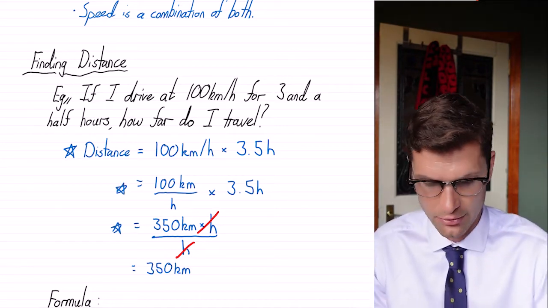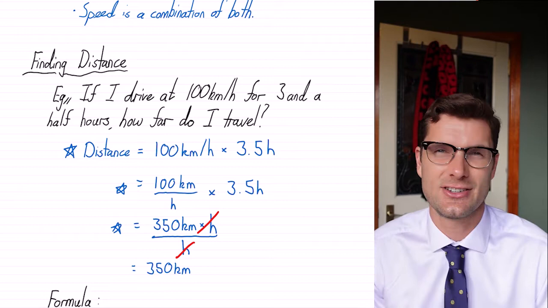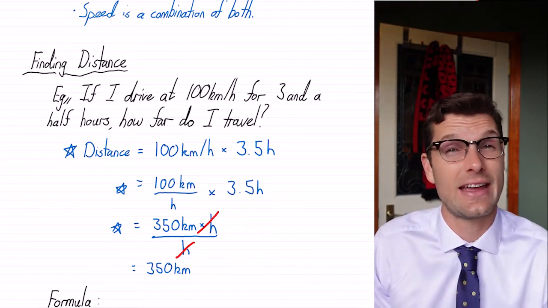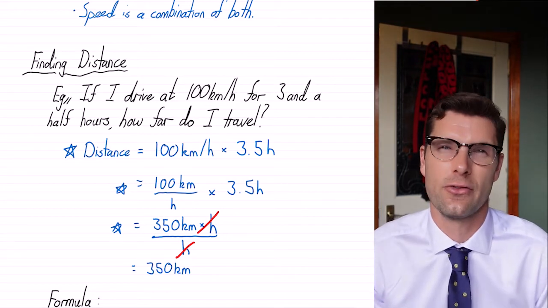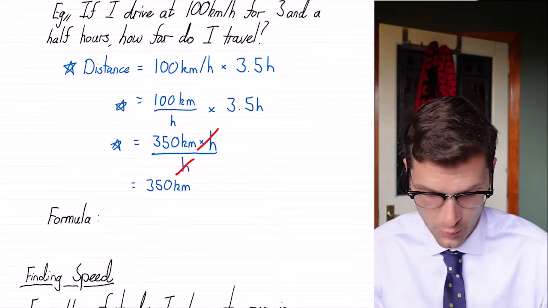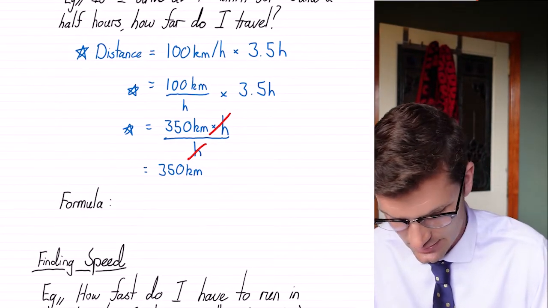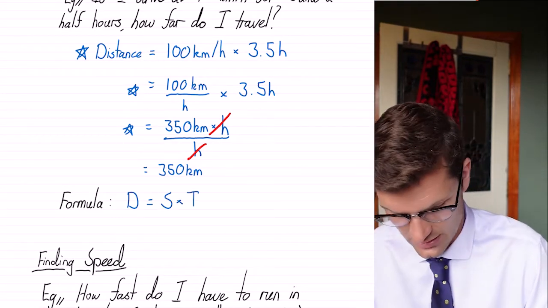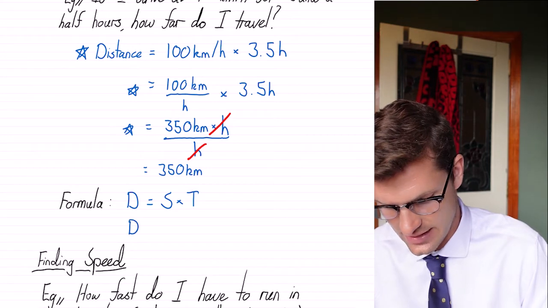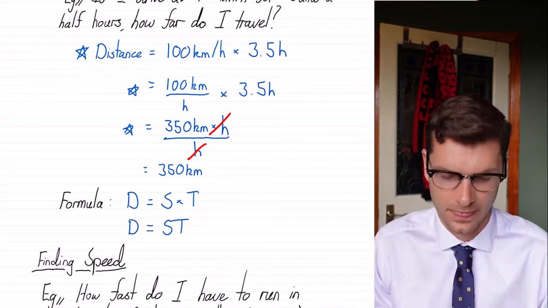You can just go 100 times 3.5, but that's just showing you that you definitely got the answer right because we've got our answer in kilometers if we cancel all the units. So the formula for this one is that distance is equal to speed multiplied by time, which will sometimes be seen as D equals ST.